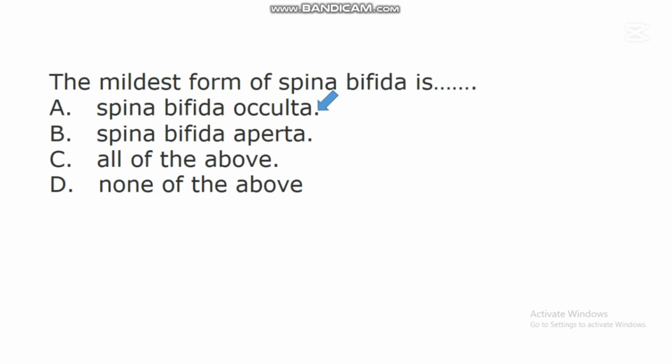Studies have shown that the mildest form of this spinal cord issue known as spina bifida is the one known as spina bifida occulta, and this spina bifida occulta can occur without even showing some symptoms in that individual.